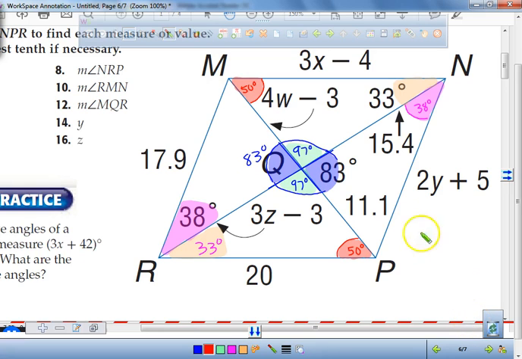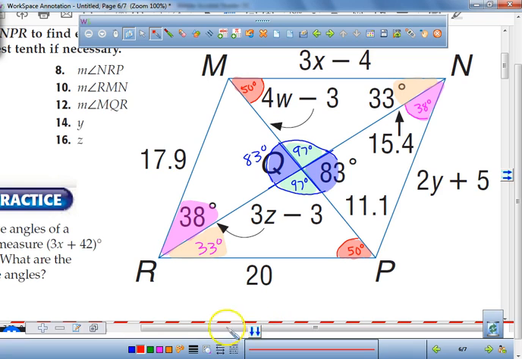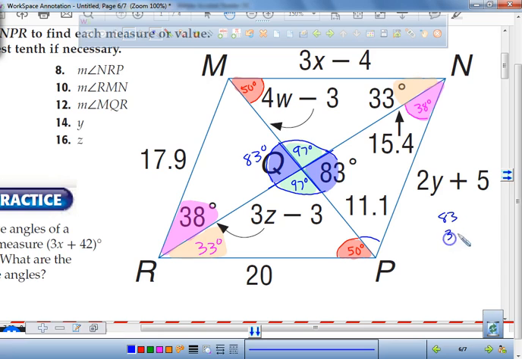So we have 83. We have 38. I got one more color left, I believe. Maybe I don't. Hold on. We'll just make this one. So what is 180 minus 83 minus 38? You got 83 and you got 38.